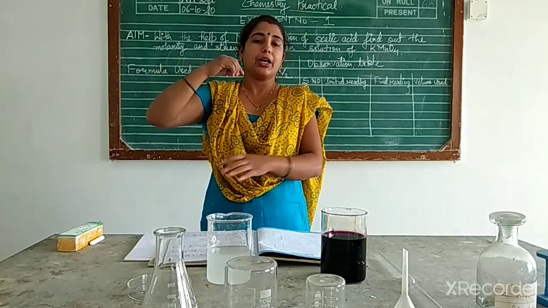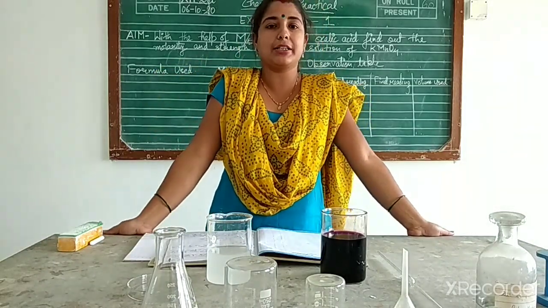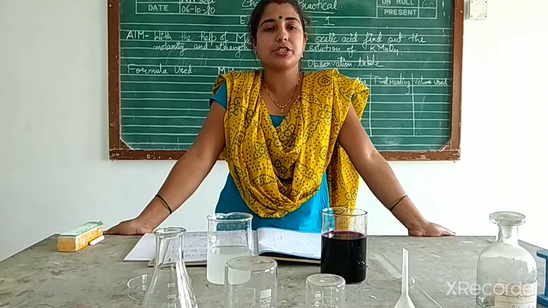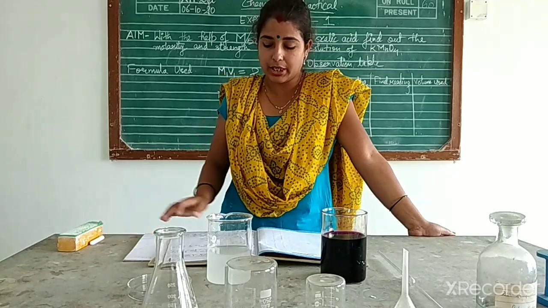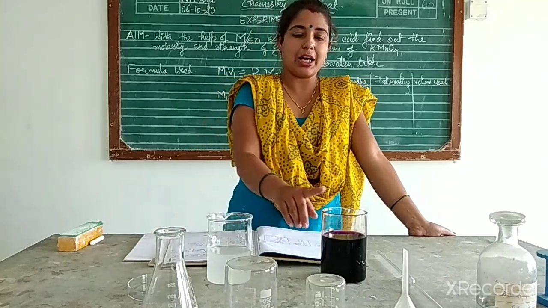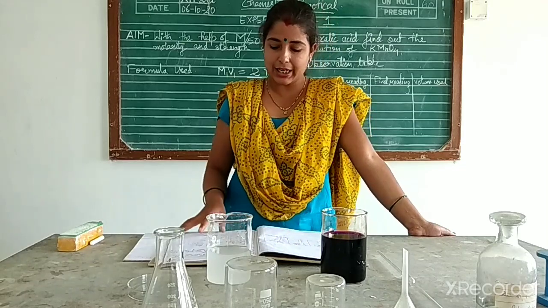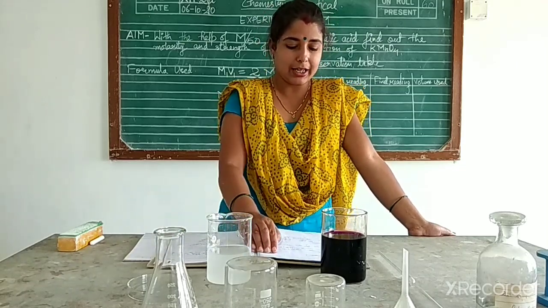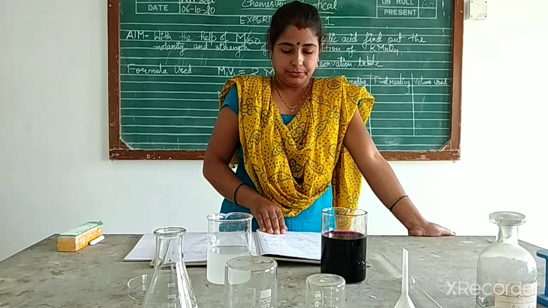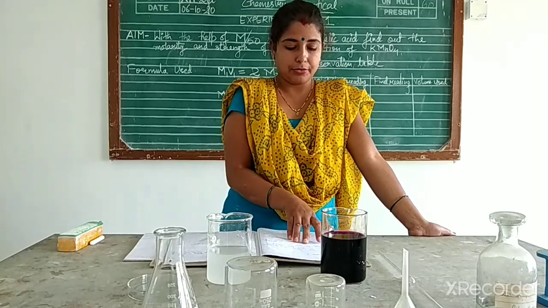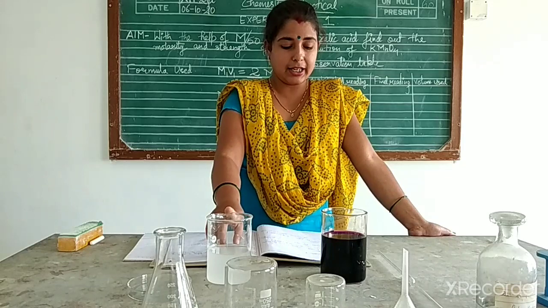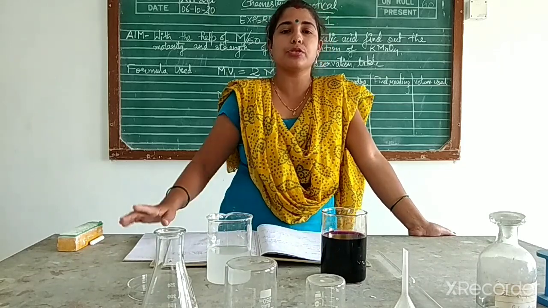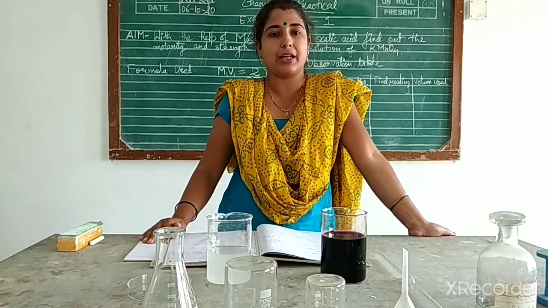Now children, how to conduct the experiment? See, first of all, you should know that when potassium permanganate and oxalic acid react with each other, 5 moles of oxalic acid react with 2 moles of potassium permanganate.